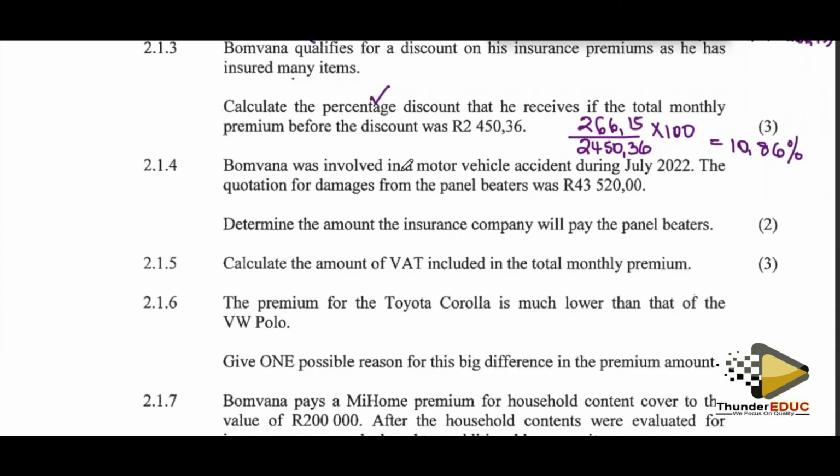Bomvana now was involved in a motor vehicle accident during July 2022. The quotation for damage from the panel beater is 43,520.